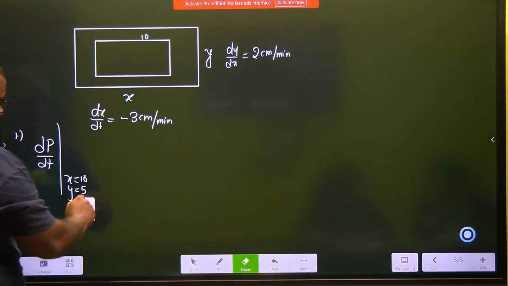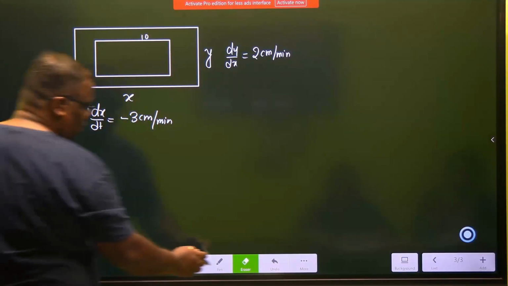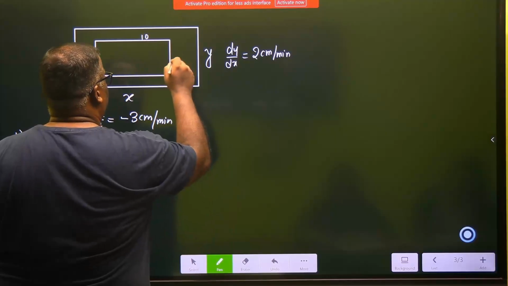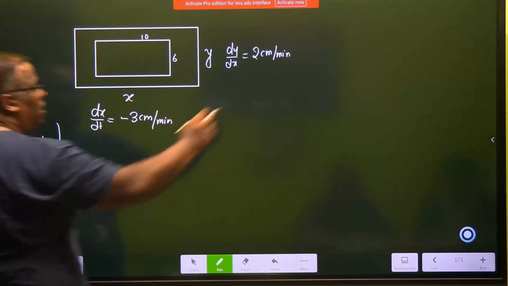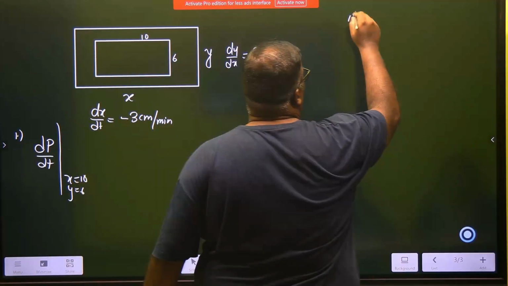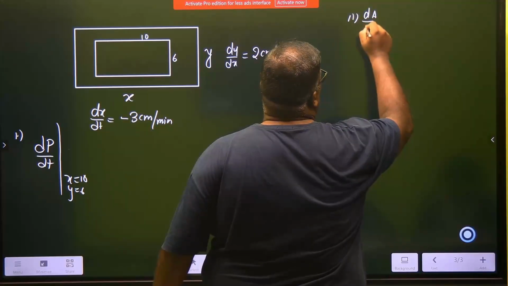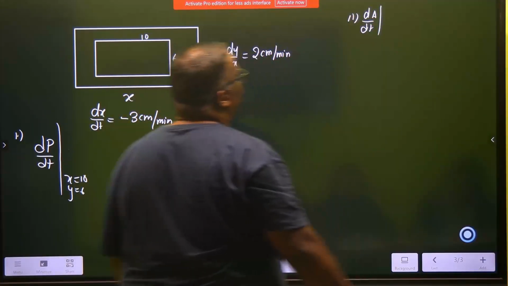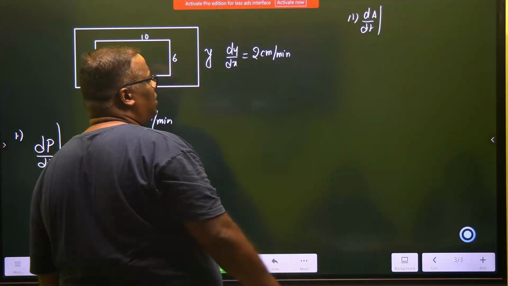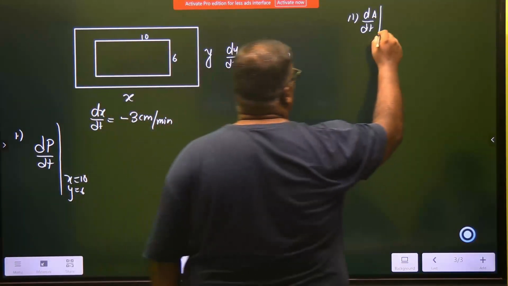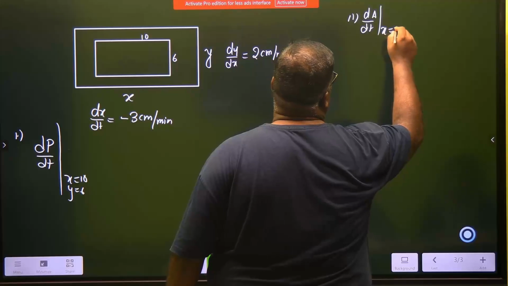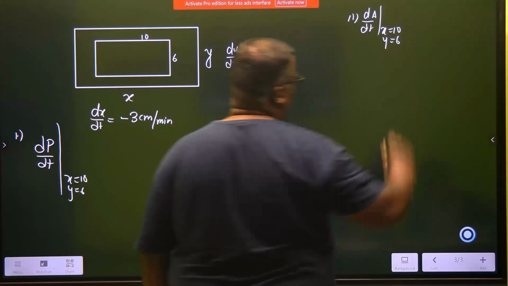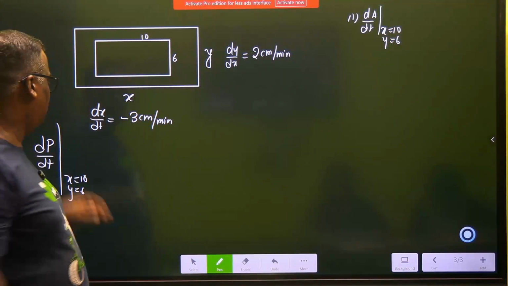Let's solve this first part first. And the second part is to find the rate of change of area of the rectangle. We don't know whether it's an increase or decrease, so we will get it. But at this time also x takes a value of 10, y takes a value of 6. Are we ready? Okay, now come.